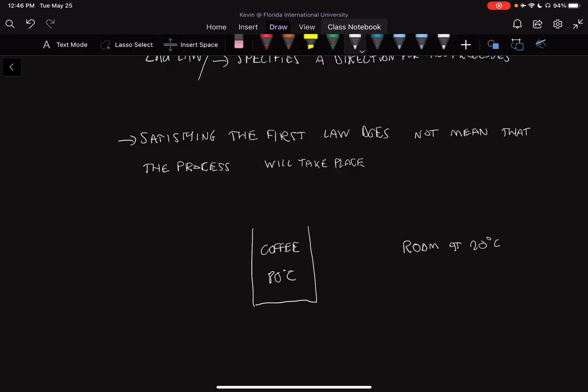Now, if I were to ask you, you would tell me the cup of coffee left in a cooler room would eventually cool off. So you would have heat going from the coffee to the room.